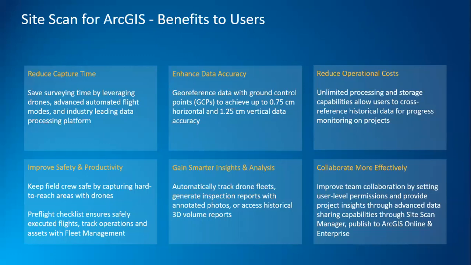It also enhances data accuracy, because you can automatically pick the ground control points of your area of study, with accuracy up to 0.75. It also reduces the operation cost. So let's say, for example, you have collected the data far away from your workstation.